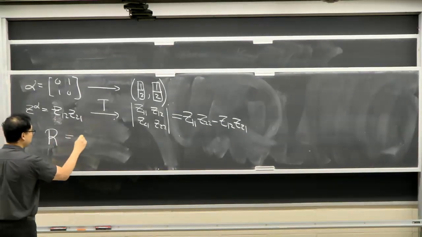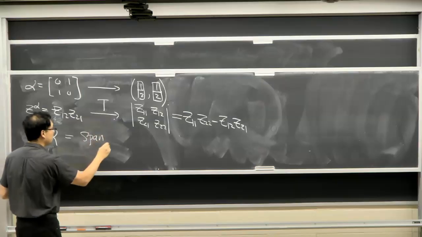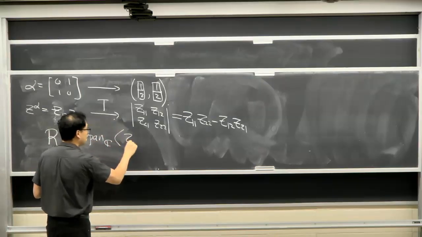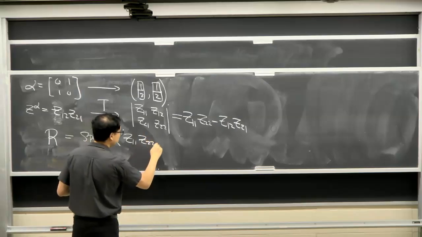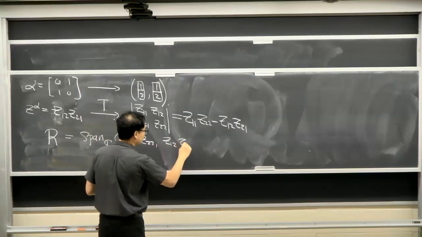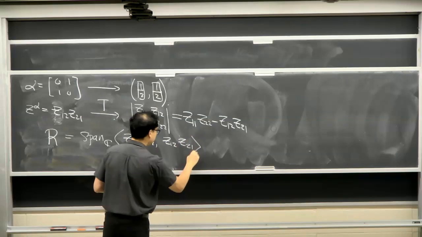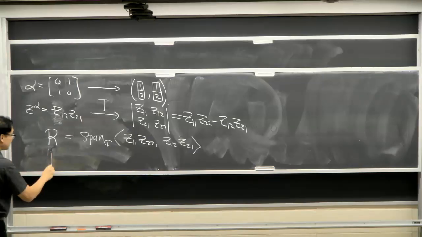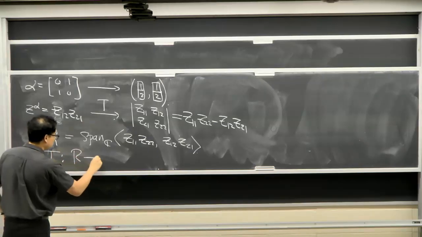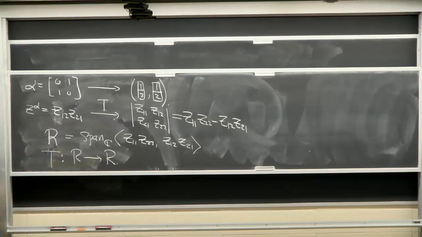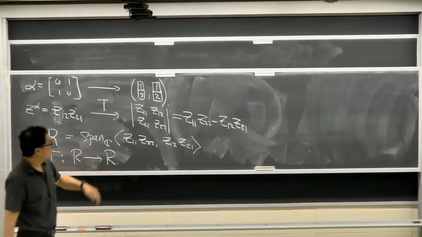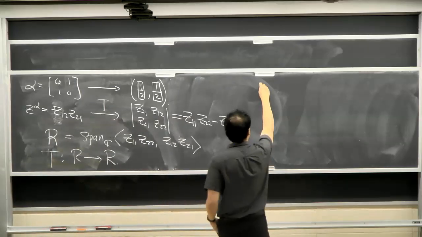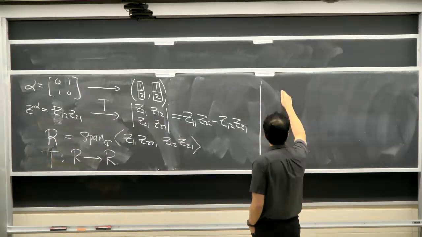Let me let R be the span of c11 c22 and the other monomial. By our definition, T sends R to R. And we can write down the matrix of T, a change of basis, basically.